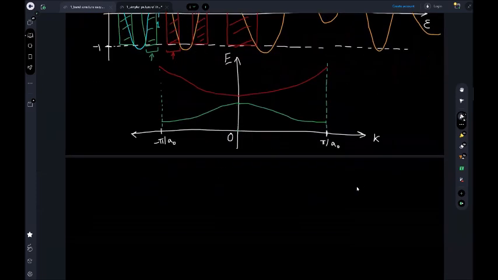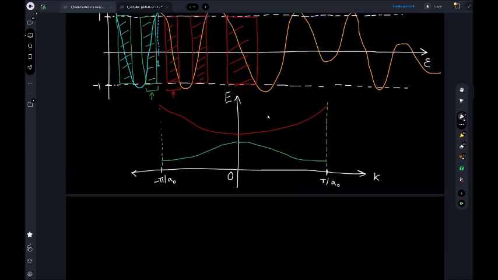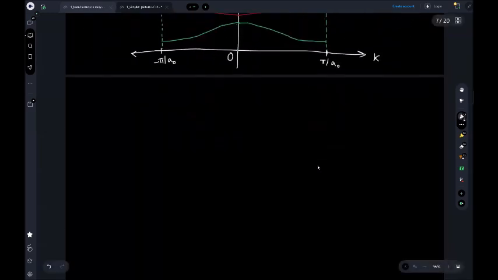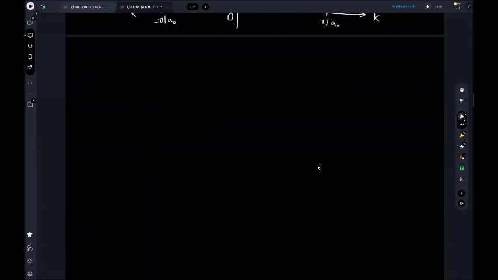So now I have presented you with a very easy to understand image of how these band gaps come about. The next thing I want you to intuitively understand, let's go back to the Kronig-Penney model picture.